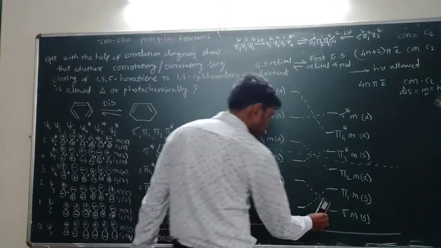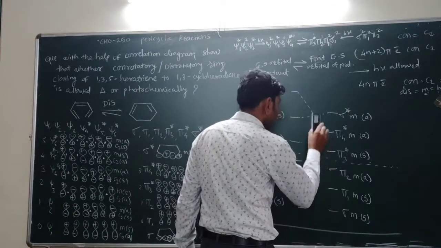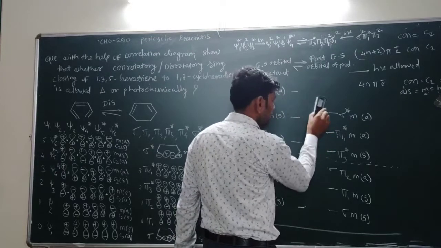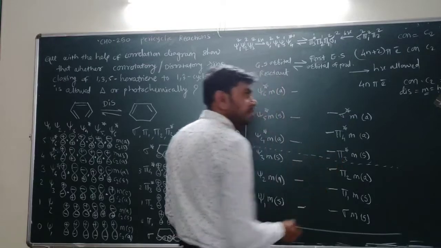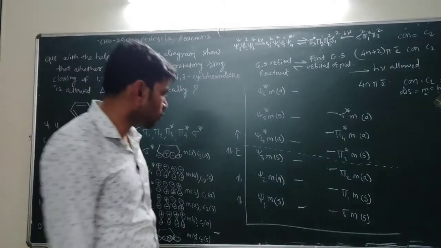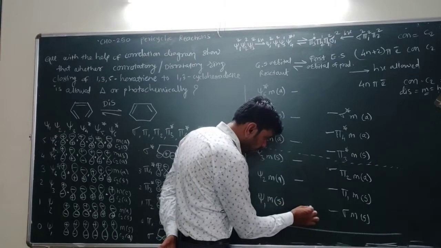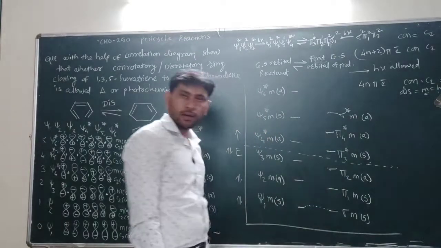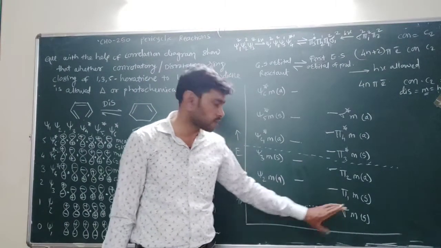Now we have to draw the correlation of similar symmetries. Symmetric must be correlated with symmetric. Here the first symmetric orbital is correlated with another symmetric orbital.